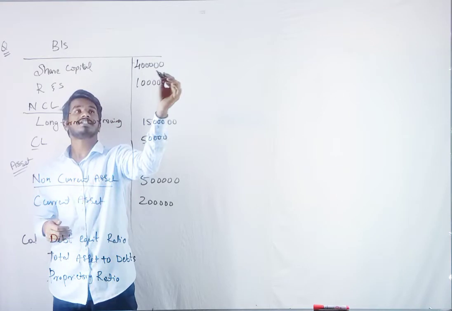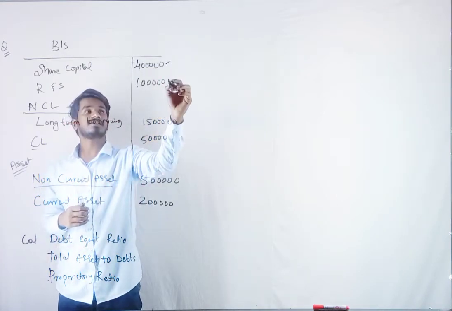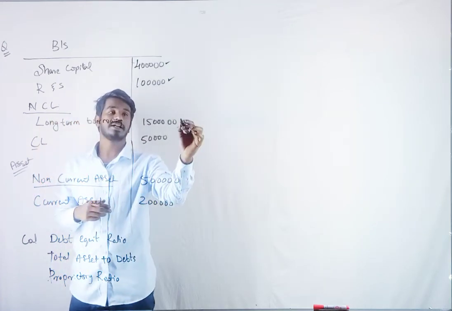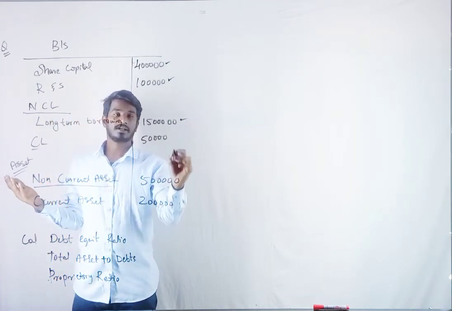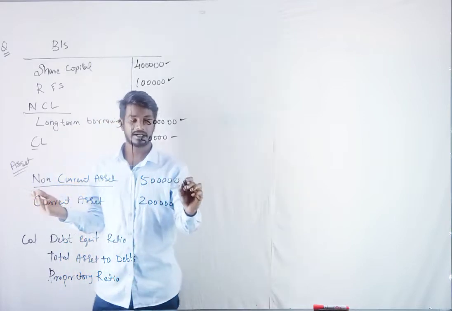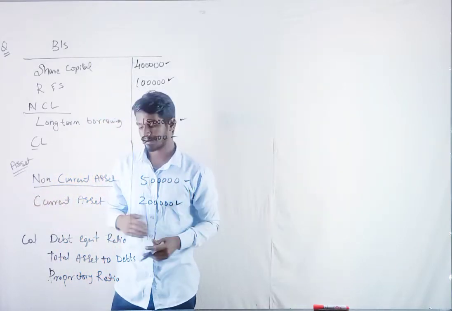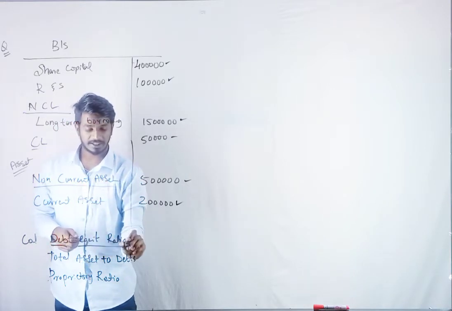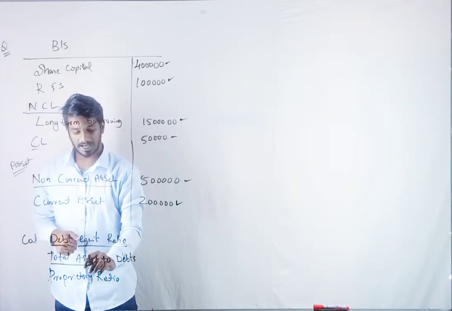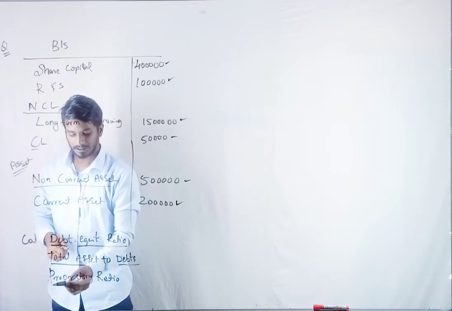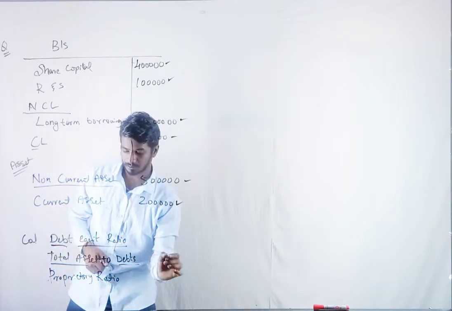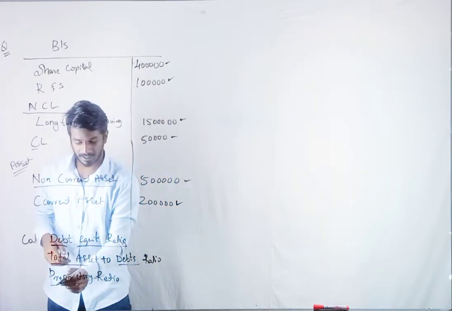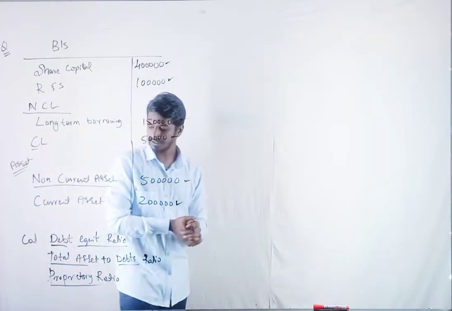In the balance sheet, share capital they have given, reserves and surplus, non-current liability and current liability, non-current asset and current asset. What they are asking: debt equity ratio, total assets to debts ratio, and then the proprietary ratio.